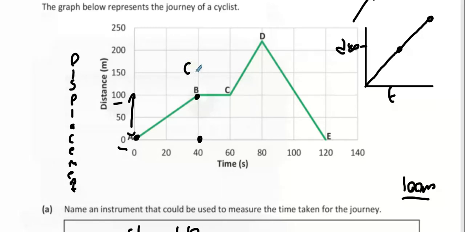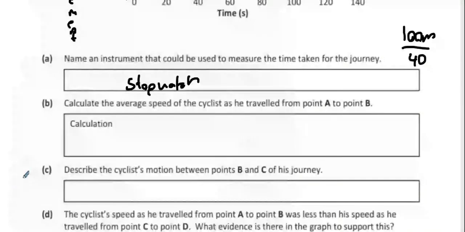So B is the point 40, 100. This means you traveled 100 meters in 40 seconds. So you do 100 divided by 40, which is 2.5 meters per second.